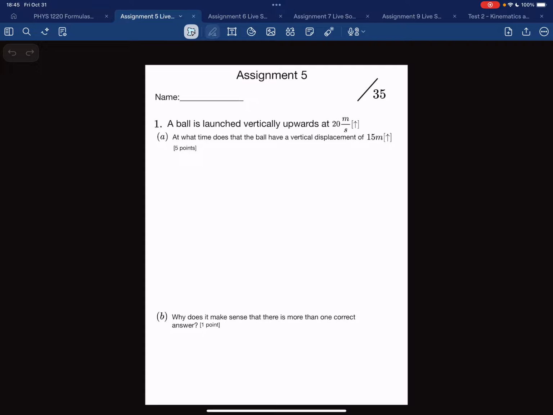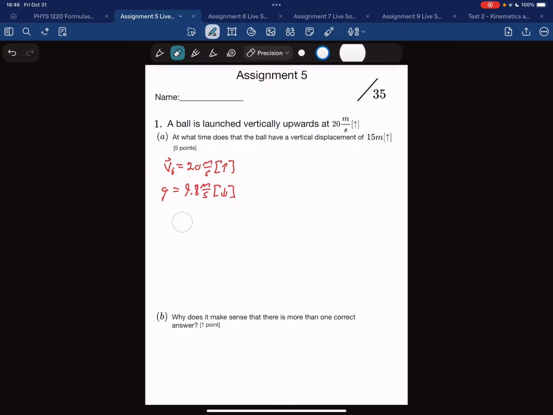So, starting off, we are told that we have an initial velocity of 20 meters per second upwards. We know that acceleration due to gravity is 9.8 meters per second downwards.